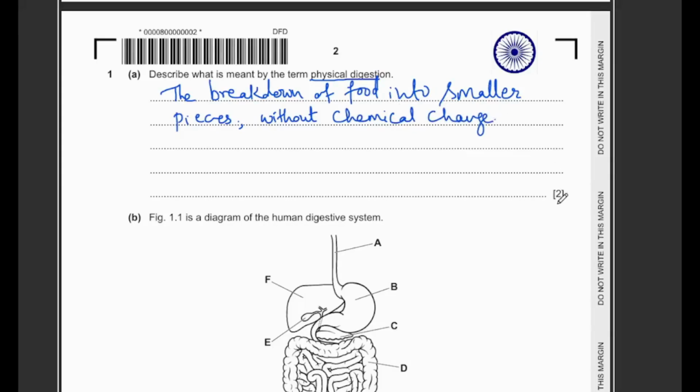This gives you 2 marks. Without chemical change is your first mark, and breakdown of food into smaller pieces is your second mark. So this is how the marks distribution is there for 2. Be careful while you are using the words, the biological terms, that we expect in the question paper.